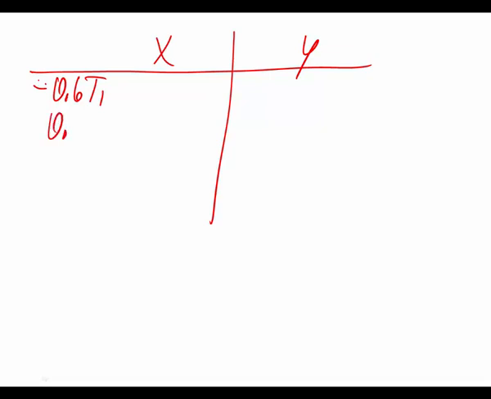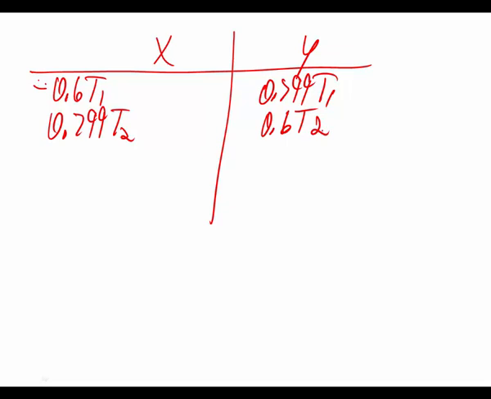It is 0.799 T2, right? What is the sine component? T1 is, well, let's write the opposite, isn't it?